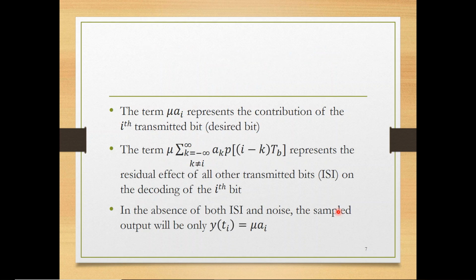The term mu a_i represents the contribution of the i-th transmitted bit. We call it the desired bit. This is the bit that we are interested in decoding. The term mu multiplied by the summation of a_k p of (i minus k) T_b represents the residual effect of all other transmitted bits, and we call it the inter-symbol interference.